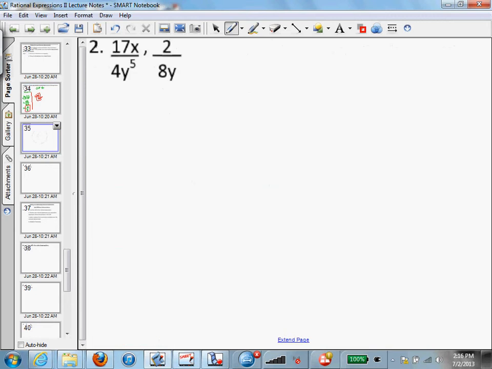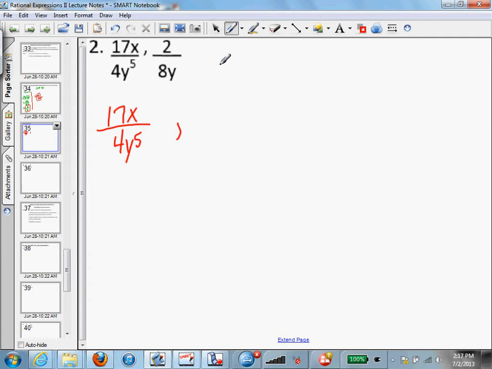Looking at our next set, we have 17x over 4y to the 5th, and we have 2 over 8y. Okay, what I would suggest doing first is to rewrite the second one, since I see I cannot simplify 17 and 4, or the variables x and y to the 5th.